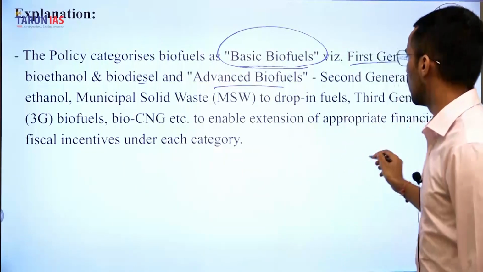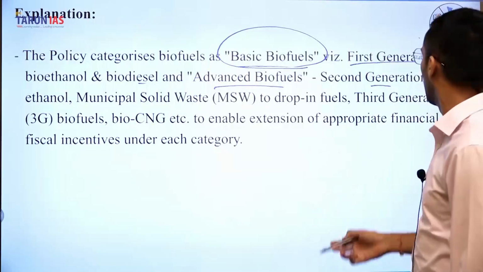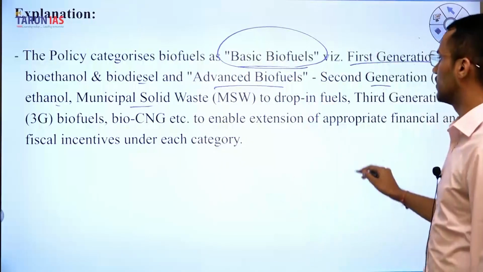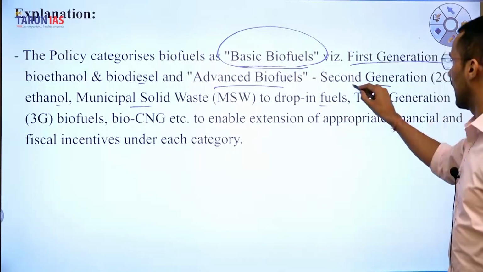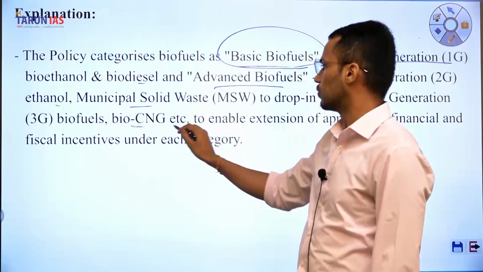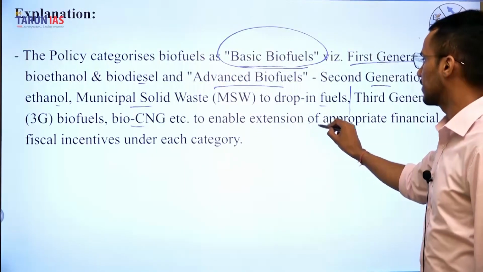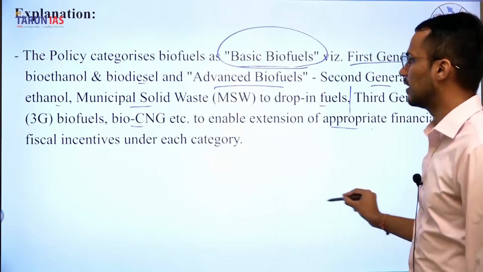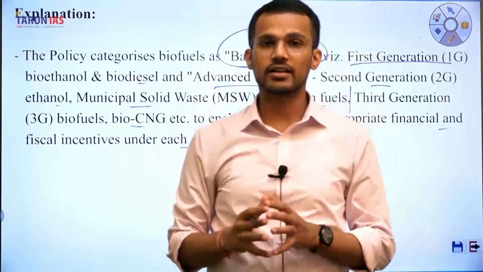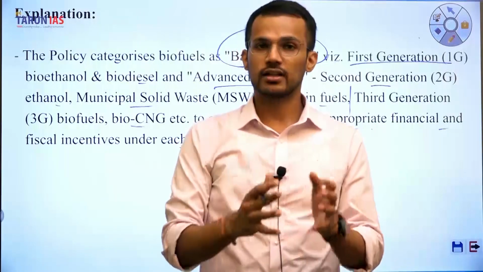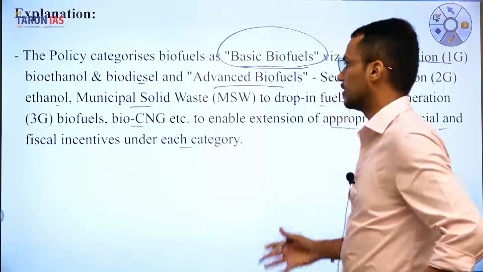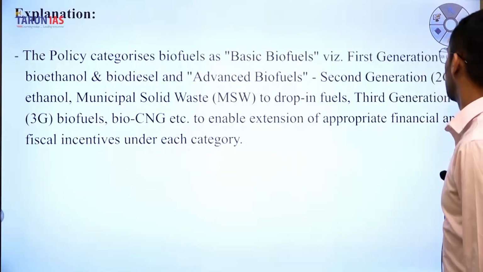Second, advanced biofuels, that means second generation biofuels which consist of ethanol, municipal solid waste to drop-in fuels, etc. And third generation biofuels consist of bio CNG, etc. This is to enable extension of appropriate financial and fiscal incentives under each category. So these categories are made to make sure that financial incentives are provided by the government to such categories or the biofuels produced from them.